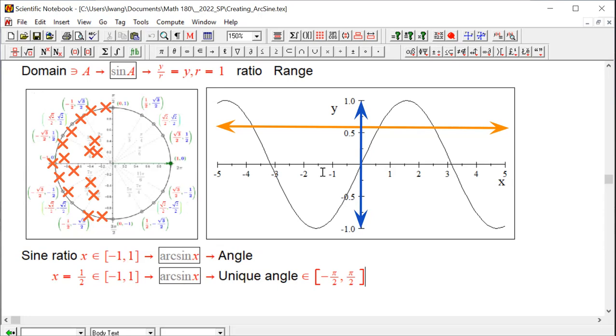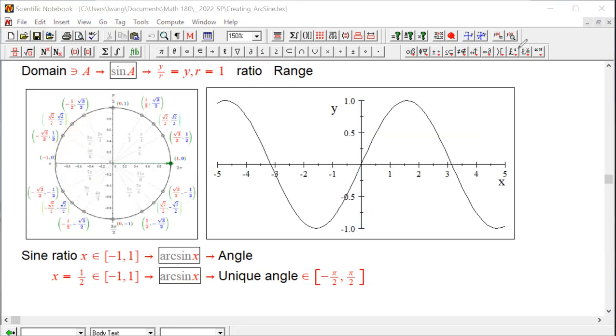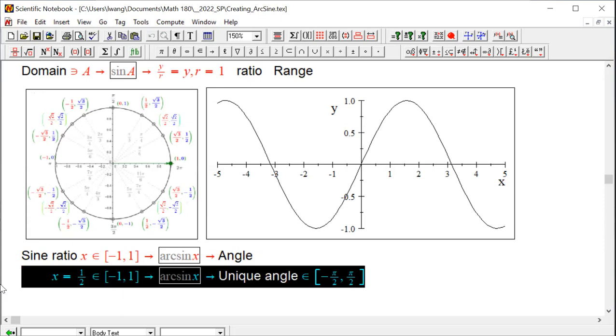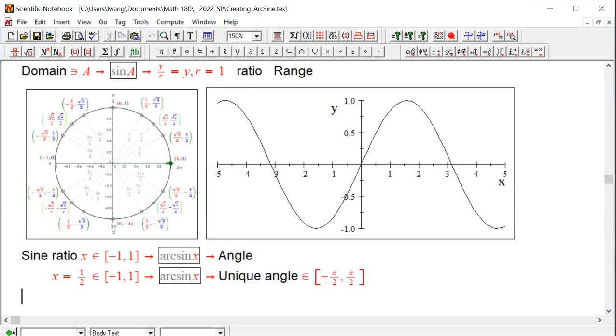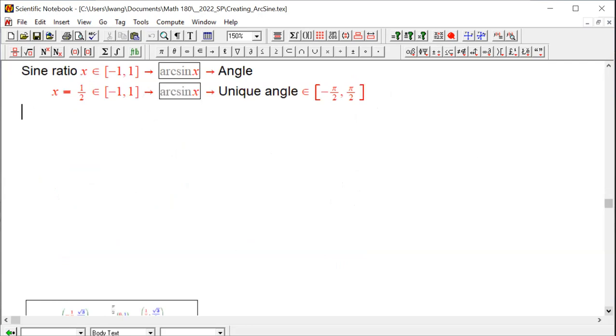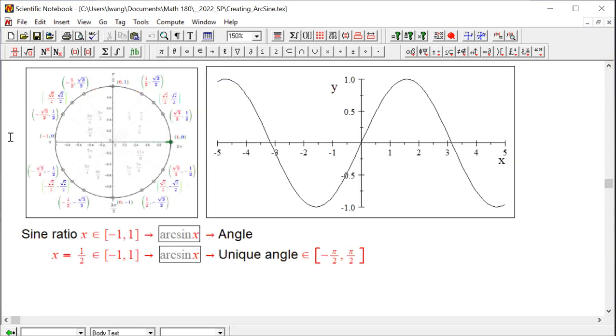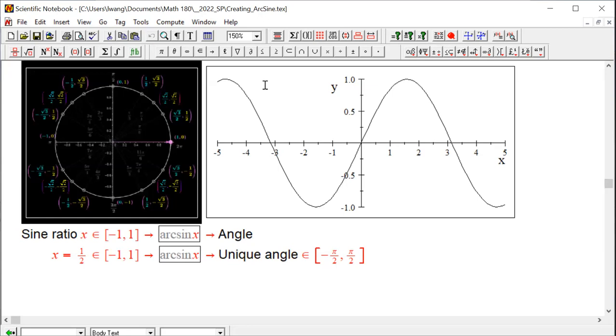Okay, so now let's look at this relationship. Suppose we're working with this piece. Now I'm going to get to the next page to go into the details about this process. I'm going to clean up. Now we know the creation of ArcSine. This is what we want. The creation of this function, from the unit circle's perspective, we're going to come back to this piece later.